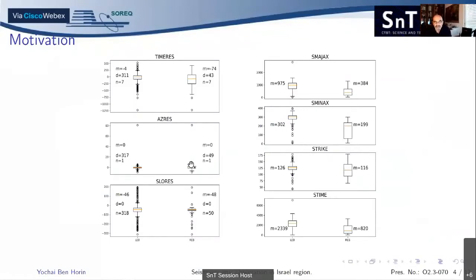If we dig a little bit deeper on the events, we can see that on the level of the phases, the time residuals of the phases are pretty good. What you see here is the box plot of the LAB and the REB, and what I report in numbers are the median. D is how many defining phases, and then how many phases were not defining.